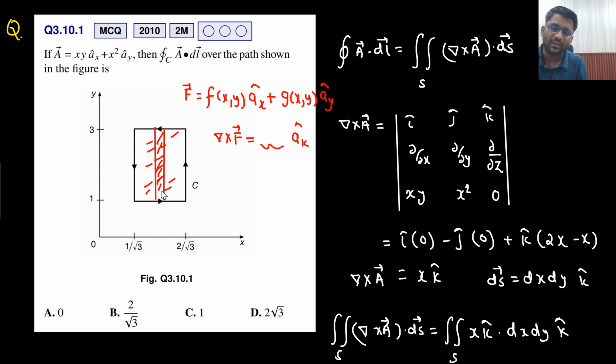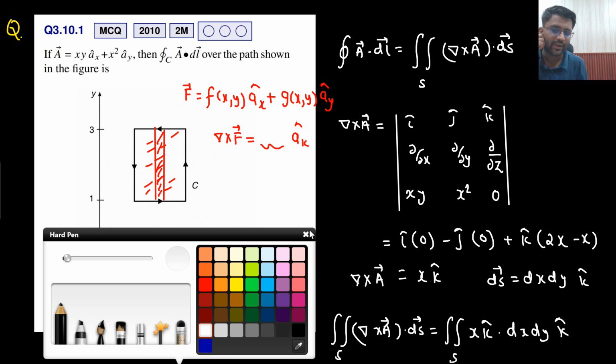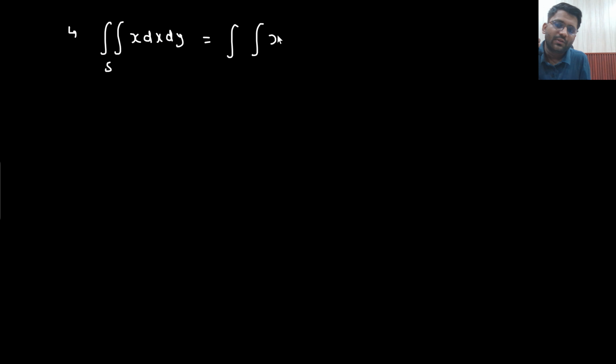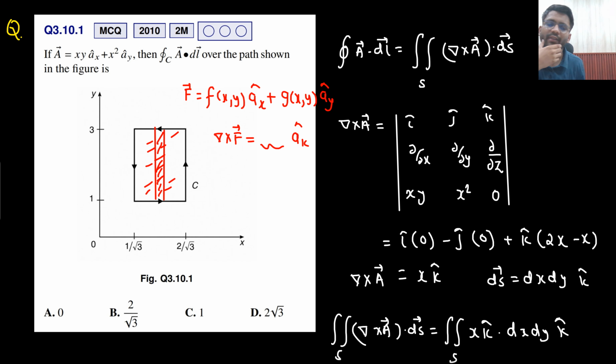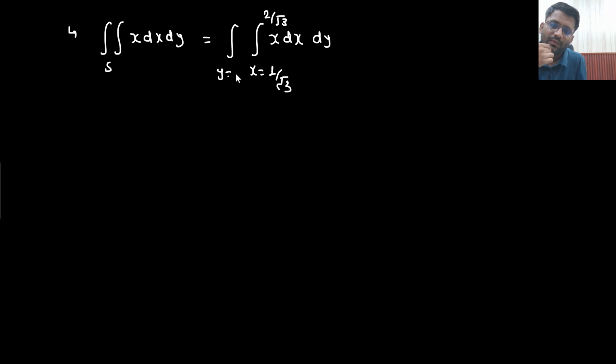So x dx then dy, with x going from 1 by under root 3 to 2 by under root 3, and y going from 1 to 3.